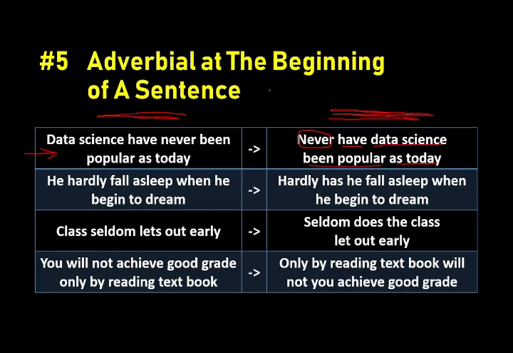And also when the adverbial is at the beginning of the sentence, the adverbial will always be followed by an auxiliary. Here hardly is the adverbial and the auxiliary has. The adverbial seldom is followed by does. And the adverbial only is followed by the auxiliary will not.